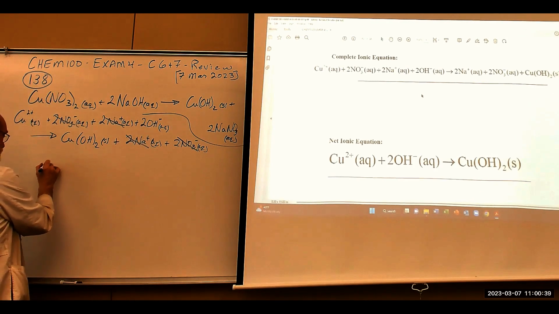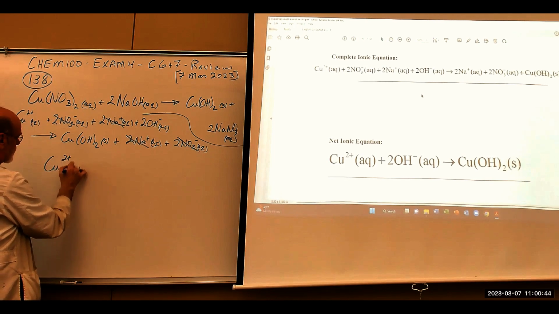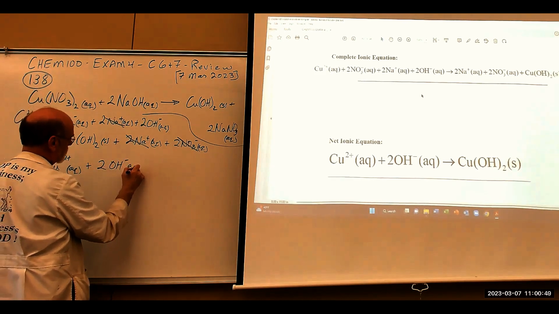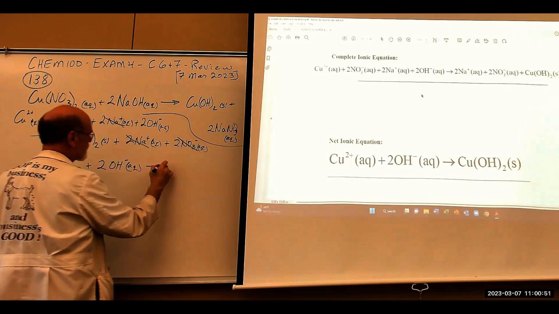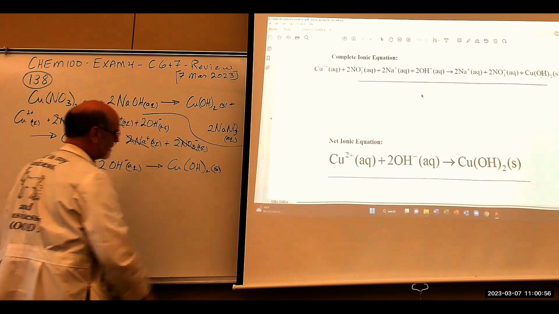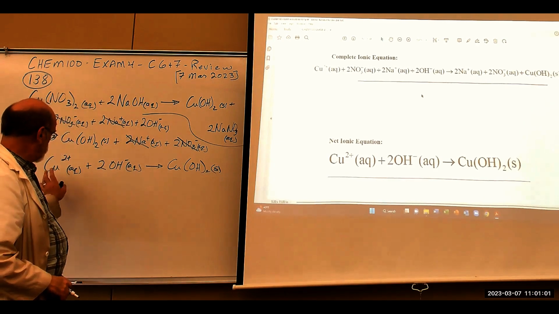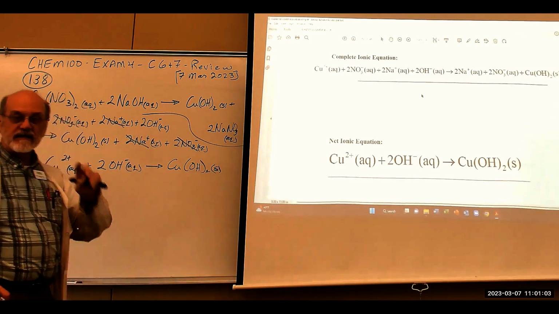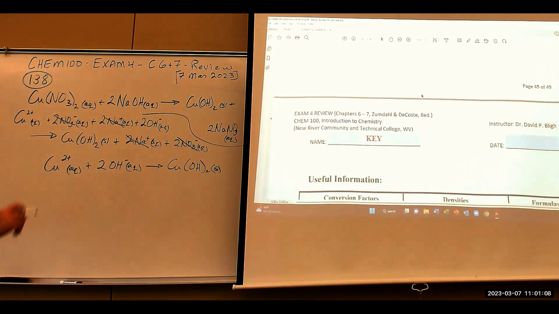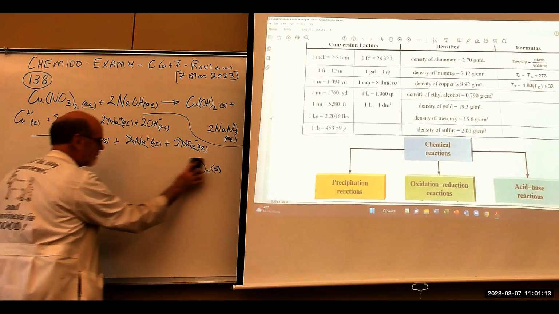So the net ionic equation is that plus that yields the solid. And this is actually the driving force for the reaction. When you get this one together with that one to make a solid, that drives the reaction toward completion. Okay, that's it. And right on the button.